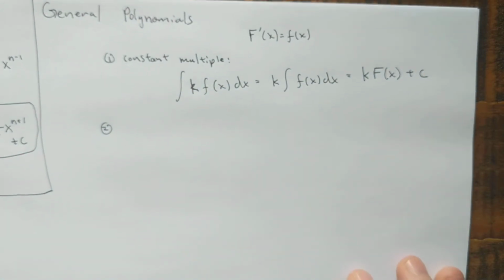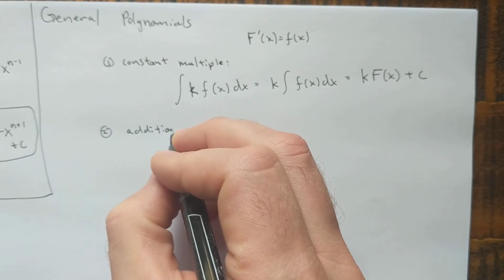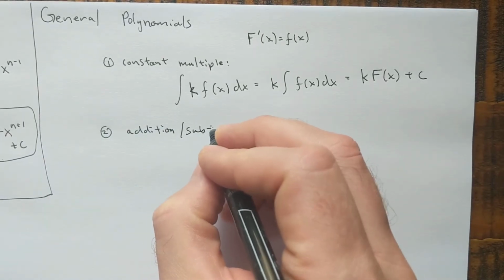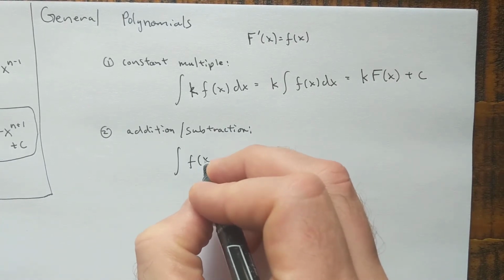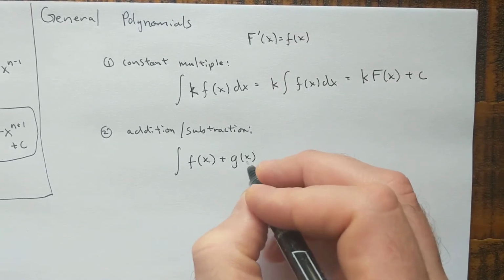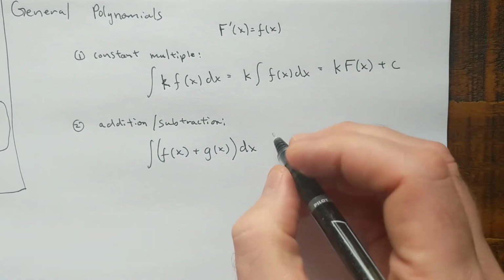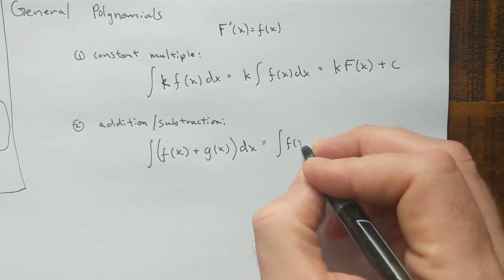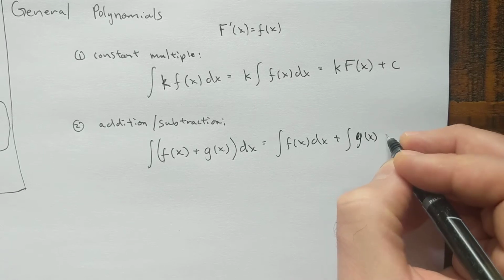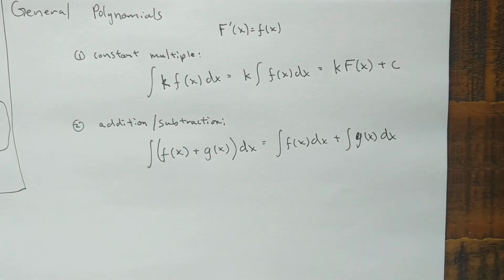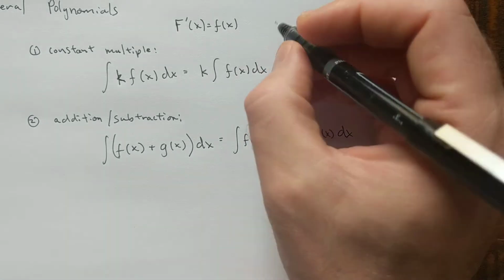The other thing we'll look at is addition. The same thing happens here as in the derivative case. If I have two functions added together, and I'm taking an indefinite integral, it turns out that I can just take the indefinite integral of the individuals, just like with derivatives, and just add them together, and that's the answer.